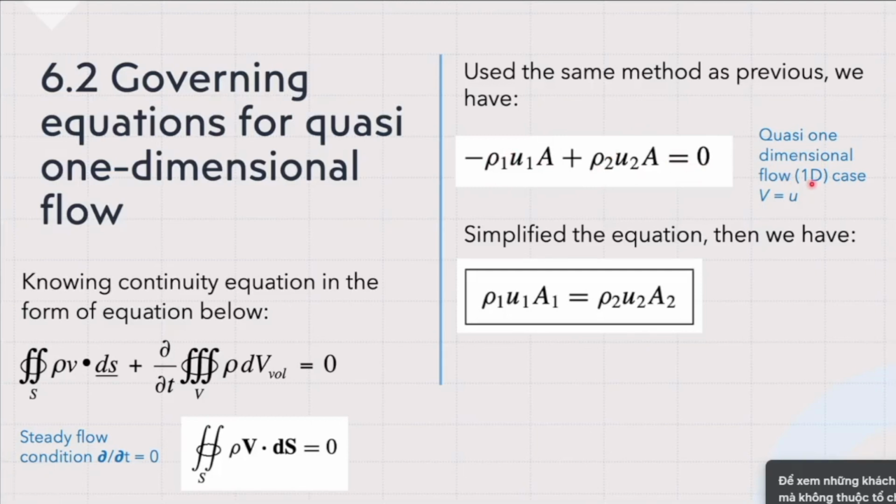Quasi one-dimensional flow case where V equal to U, right? So simplifying the equation, we bring the U station 1 values to the other side, then we get this simplified equation for quasi one-dimensional flow. All right.